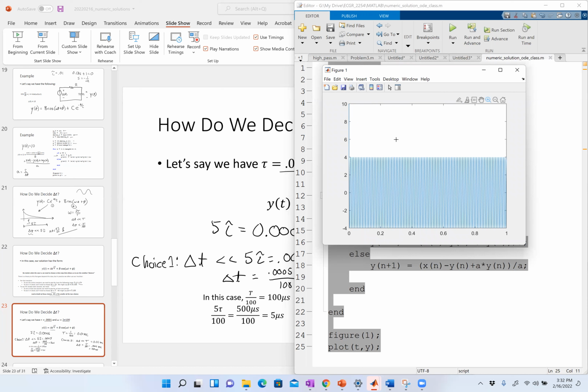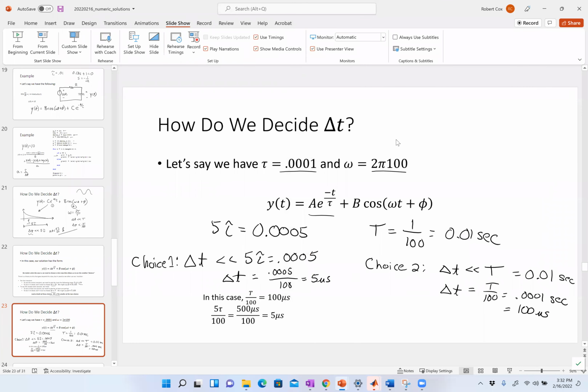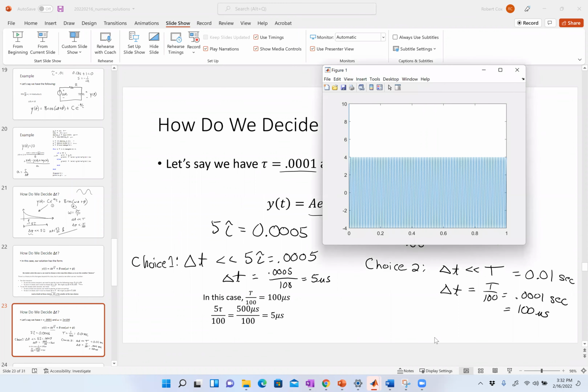There it is. Now, we chose our delta t on the basis of the transient response, meaning the transient response is very quick. So do you even see the transient here? My initial condition was 10, remember. Well, you can kind of see it there.